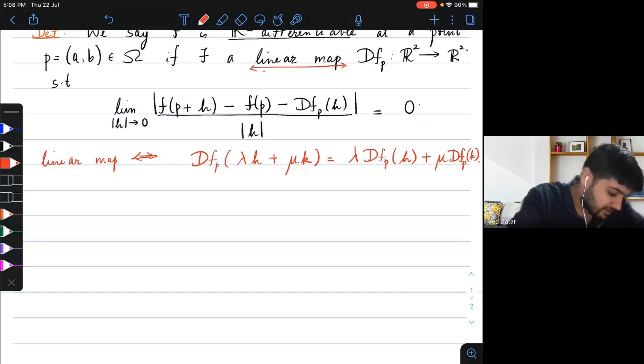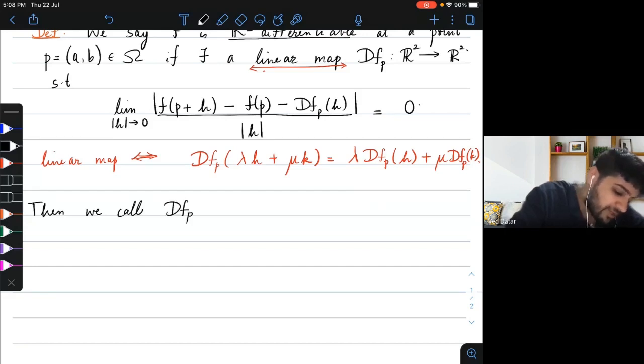We call this linear map df_p the derivative, or the R derivative, of f at p.